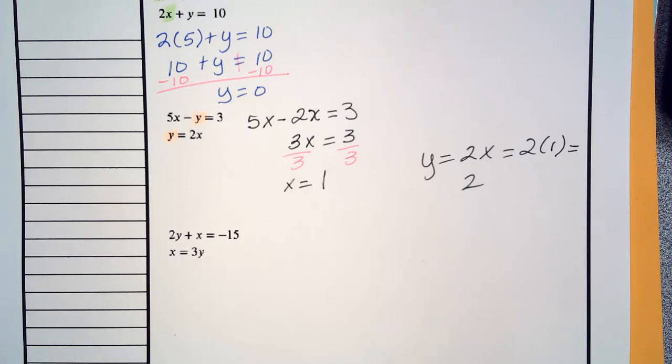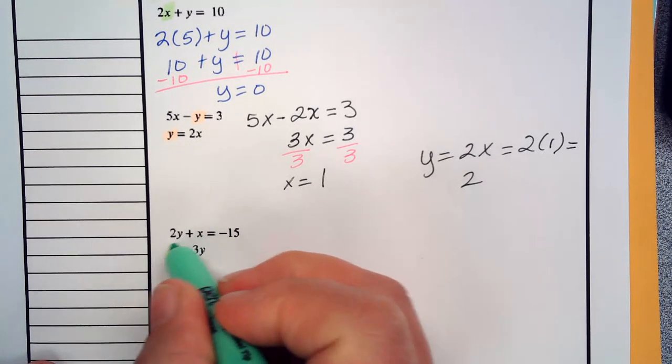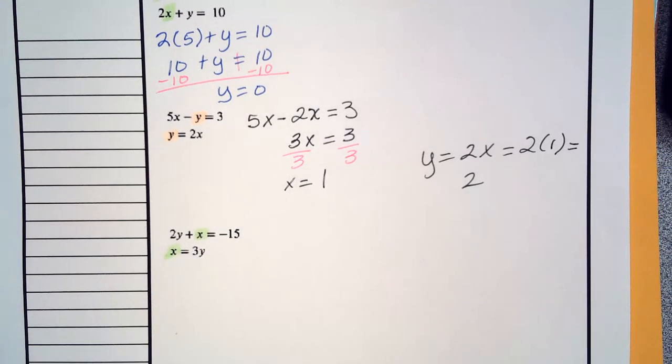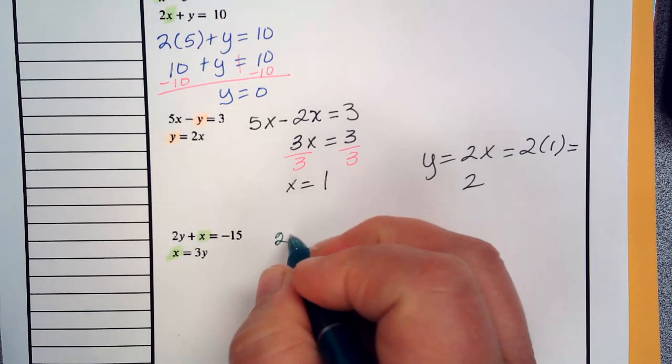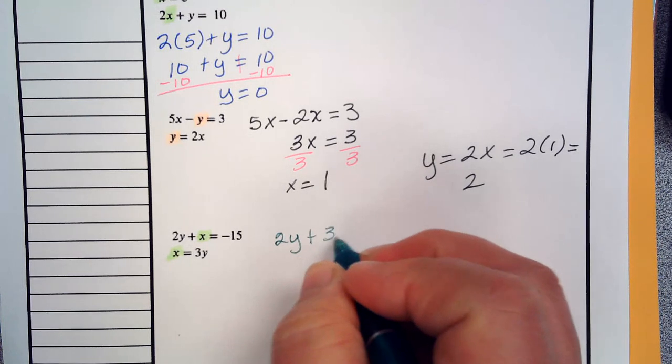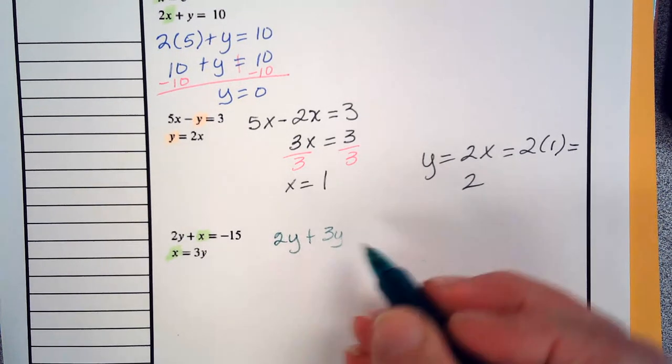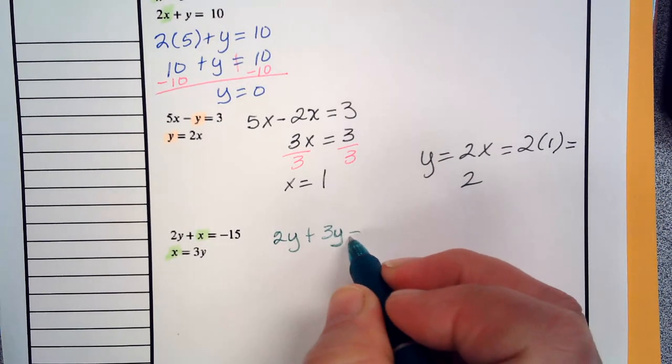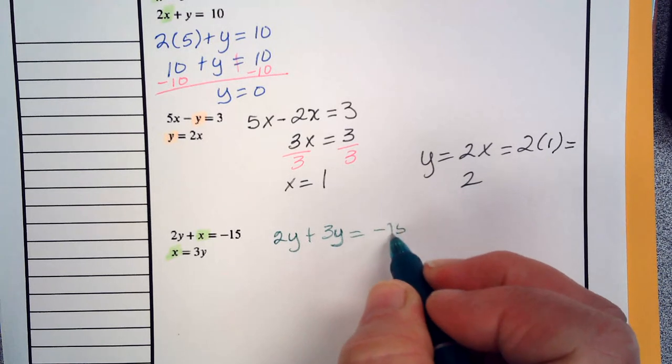Okay, for the last one, I know what x is. And I know what x is there. That's where I substitute. So 2y plus 3y, I'm just picking this up and putting it there, equals negative 15.